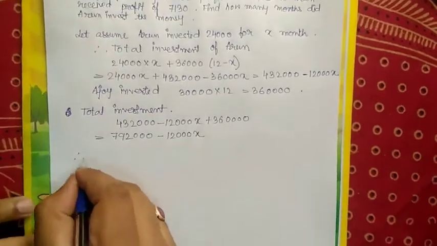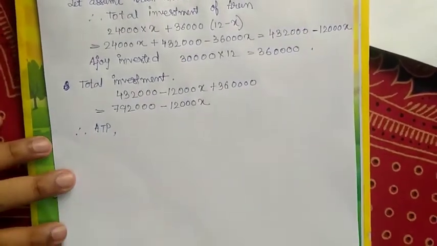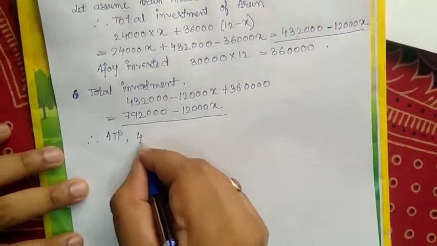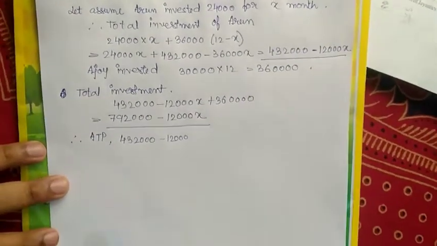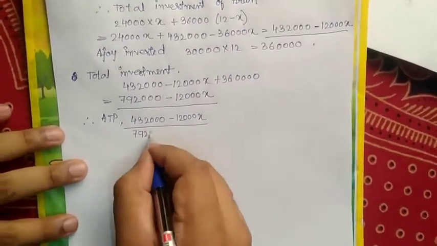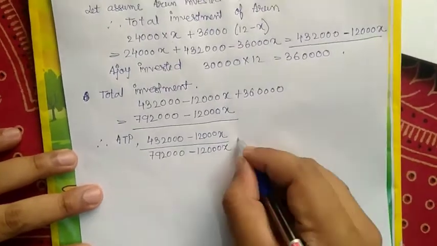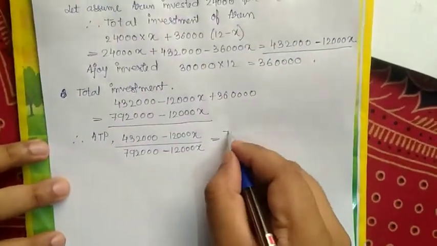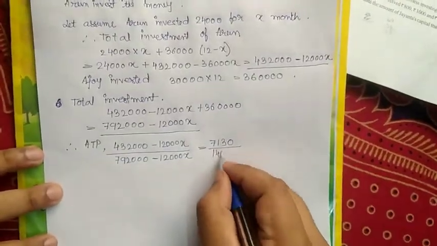So therefore, according to the problem, we say that this by this: (432,000 minus 12,000 X) by (792,000 minus 12,000 X) equal to Arun's share, 7130, by total profit, 14,030.